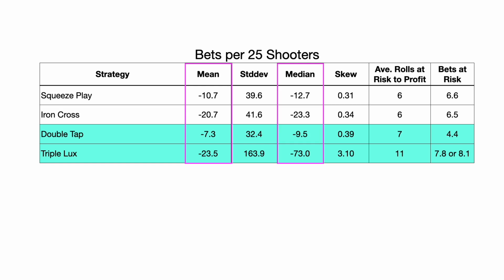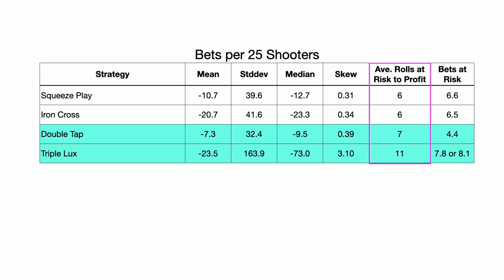If we look at the average number of dice rolls required to reach a profit, we see that double tap takes 1 roll longer than the earlier strategies. But triple Lux at 11 rolls takes much longer. This is one reason its performance in the earlier categories is so much worse than the other strategies.